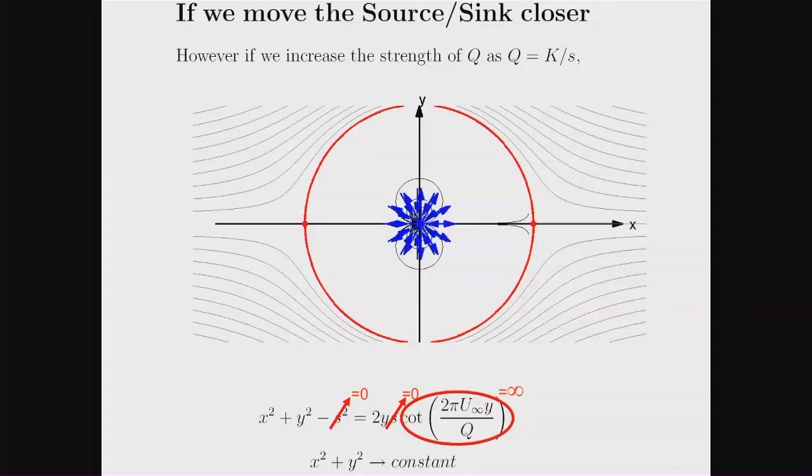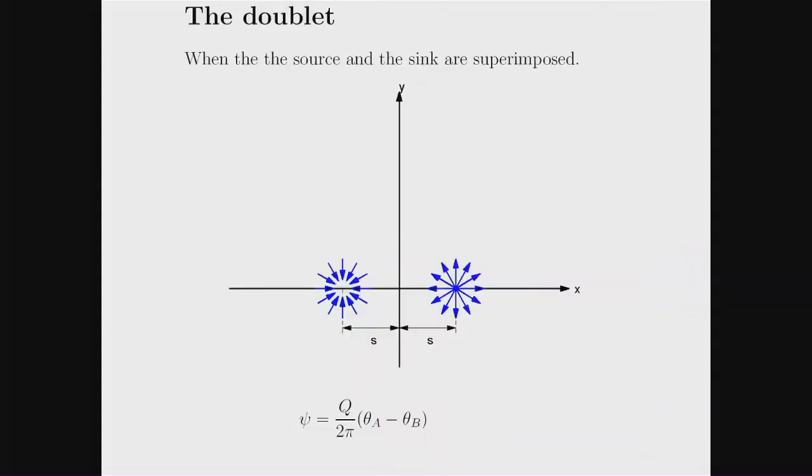Now let's consider a flow where we have a source and a sink, and the source and sink approach the center, or the origin. This is known as a doublet. Let's ignore our uniform flow at the moment.